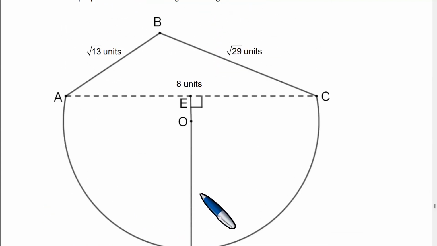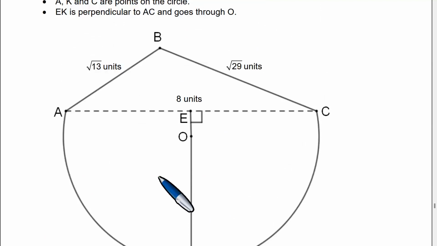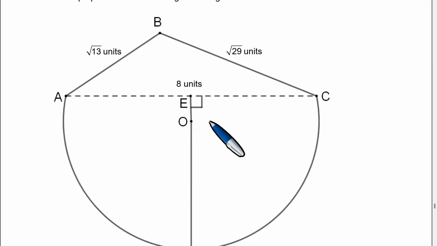Right, a couple of things that we know: what would AE be here? Because this whole thing is 8 units, this is going to be 4, and this is going to be 4 units.